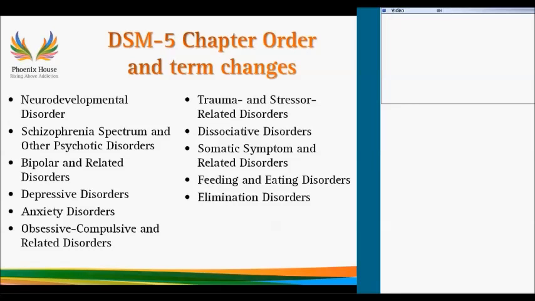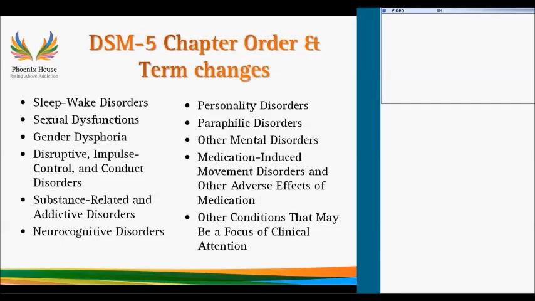Somatic symptom and related disorders, feeding and eating, elimination disorders, sleep-wake, sexual dysfunction, gender dysphoria has its own chapter, really separating it from the idea that it is a sexual dysfunction. The next chapter, disruptive, impulse control and conduct disorders.